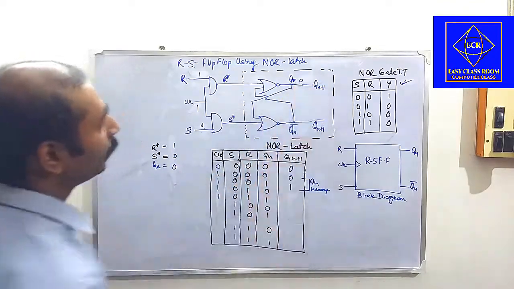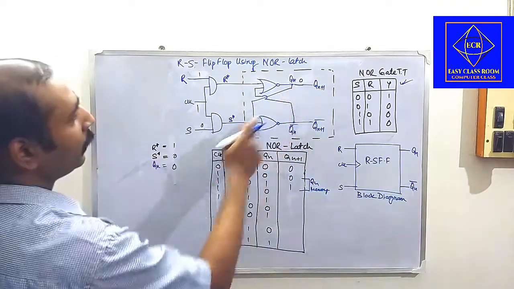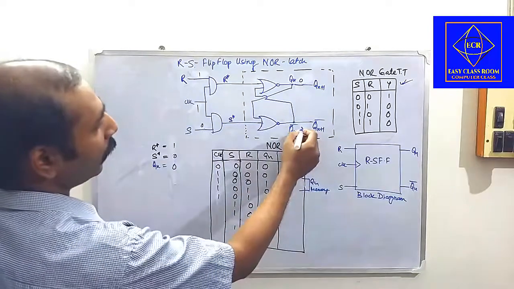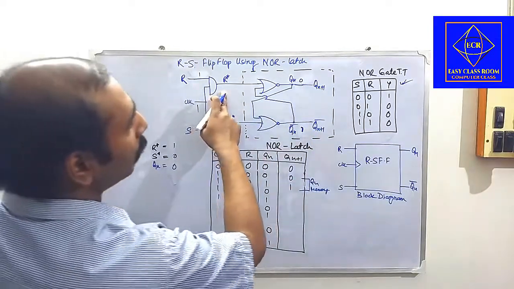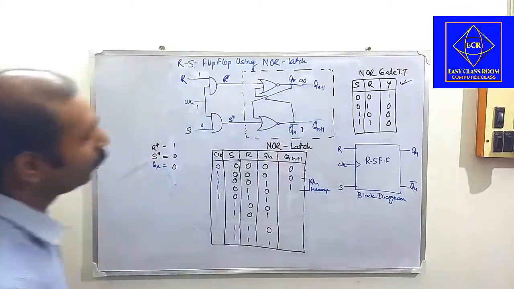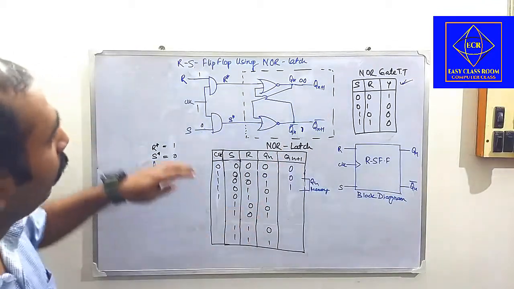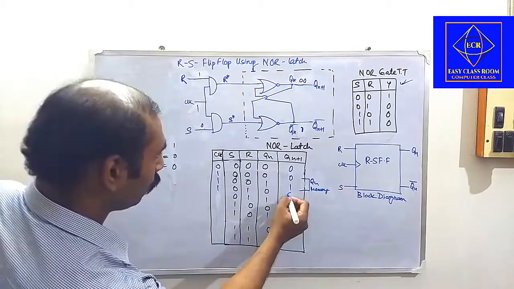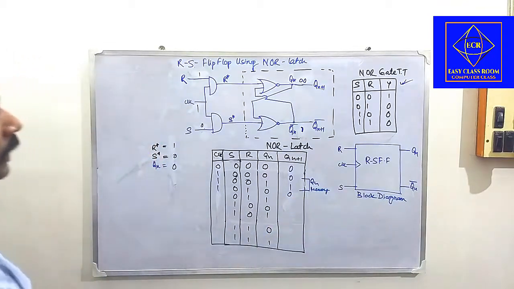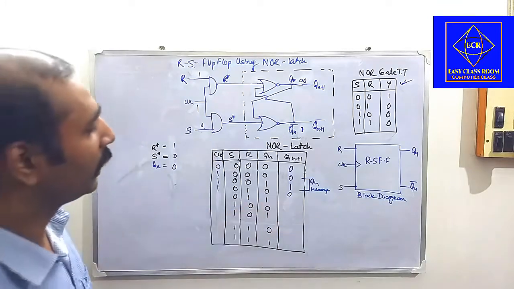So what will we get? So this 0 and this 0 we will get a 1 and this 1 and this 1 we will get a 0. So if this R is 1 we will get a 0. So this circuit will actually perform this resetting condition.